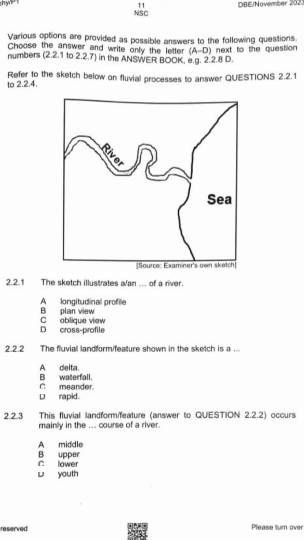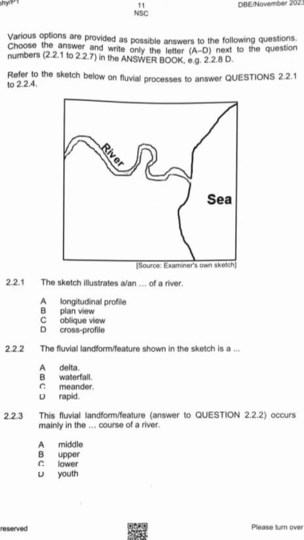We only see a meander here, guys. It cannot be a delta. Remember, a delta has a lot of sediment, and yes, you usually find a delta in the lower course, and this is actually the lower course, because the sea is right next to the river. But we don't see one.